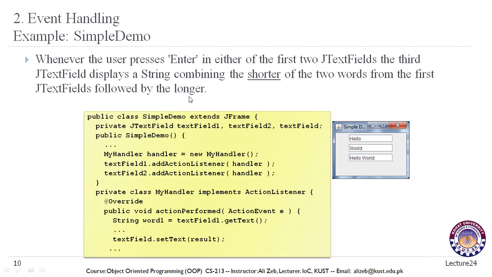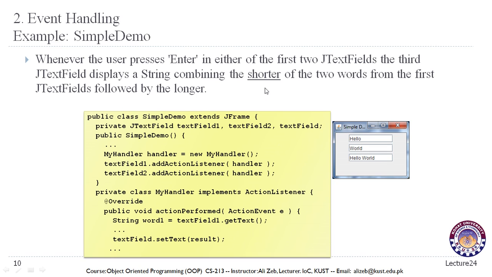So you need to add some code so that, for example, if you click anywhere and you have these words in these two JTextFields, what should happen is it should combine these two words or concatenate these two strings and display it in this third JTextField.